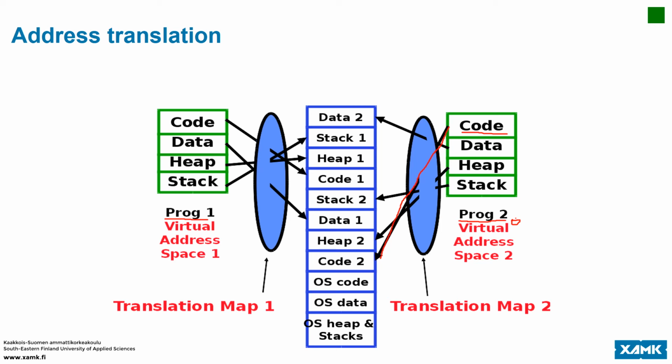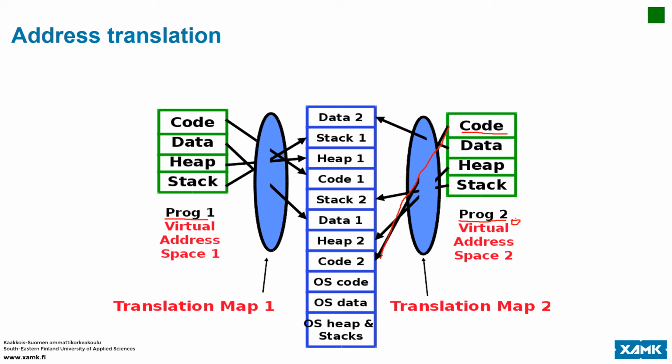So for example, let's say we had one program on the left, one program or process on the right, and their individual pieces of code and data are mapped by the memory management unit to real physical page frames. And those page frames can then be distributed all around the physical memory space.